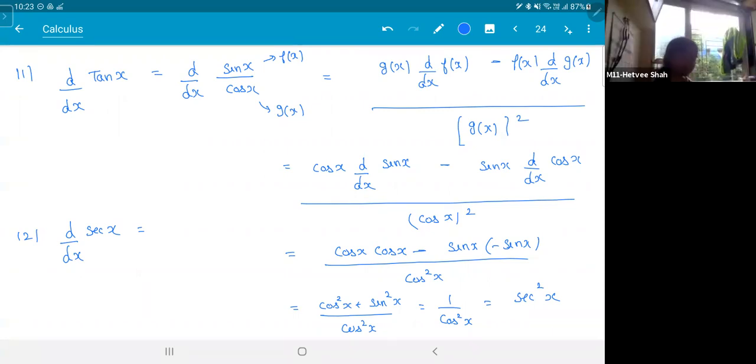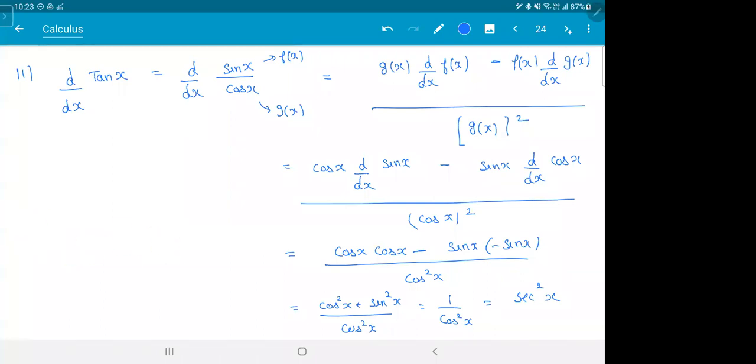Tan x into sec x. Yes, sir, even I'm getting secant x tan x. So dy dx of secant x is 1 by cos x. So this is f of x, this is g of x.